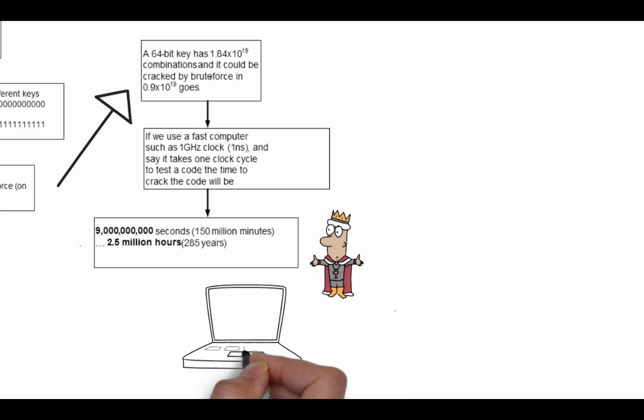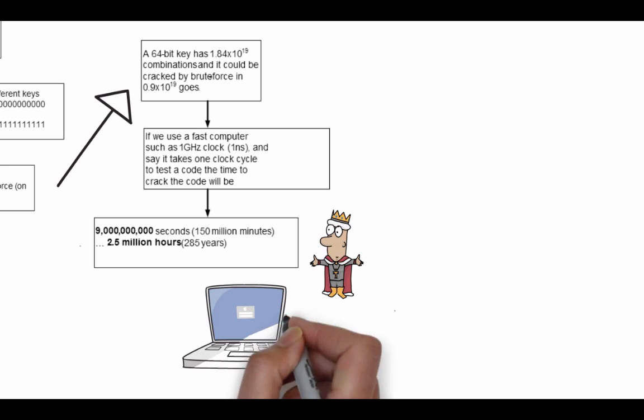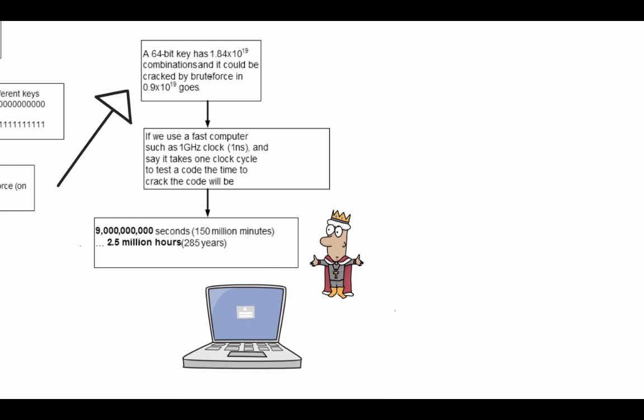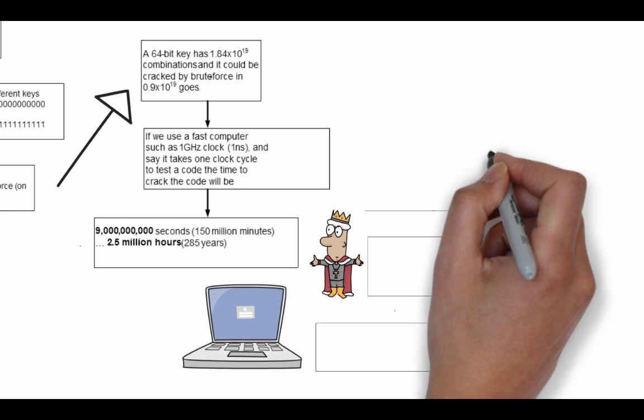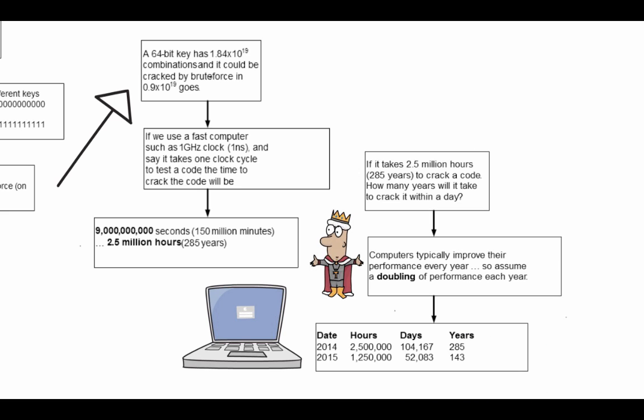Okay, but we know that computers actually get better every year, and computers that we use now are not very powerful after even just a year or so. So there we go. If it took us 285 years this year, then next year, let's say the computing power doubles, it's only going to take us 143 years. Still seems a long time.